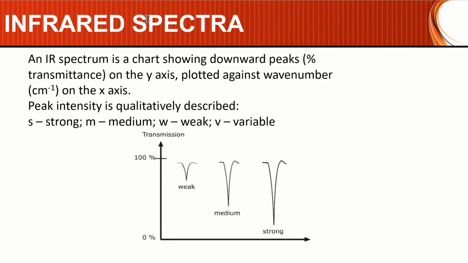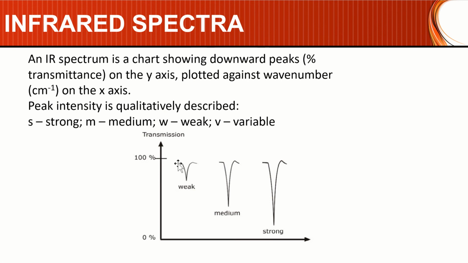In an IR spectrum chart, we saw downward peaks, we saw the percentage transmittance on the y-axis, and we saw the wave number on the x-axis. What I want to introduce here is that peak intensity is qualitatively described, right?